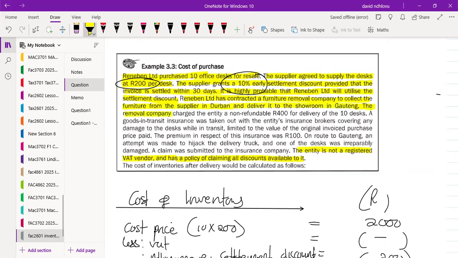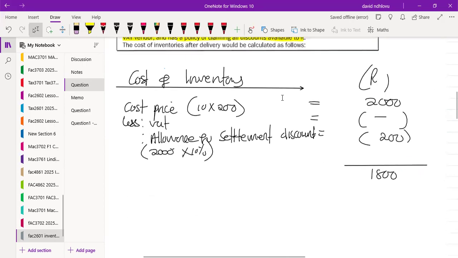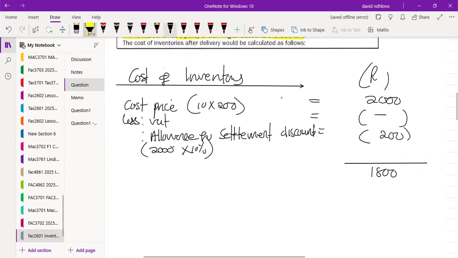The removal company charged the entity a non-refundable 400 Rand for the delivery of the 10 desks. So we add the delivery costs. We always add this cost if it is there.